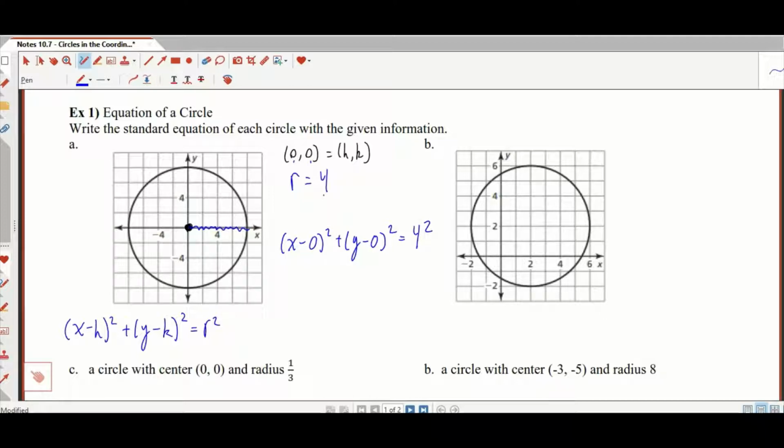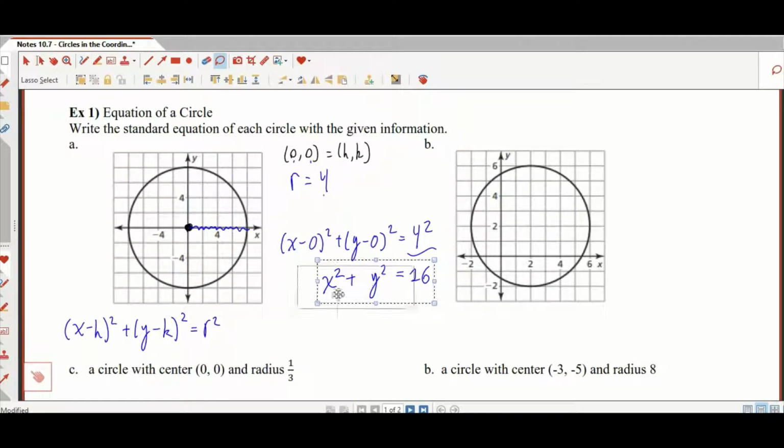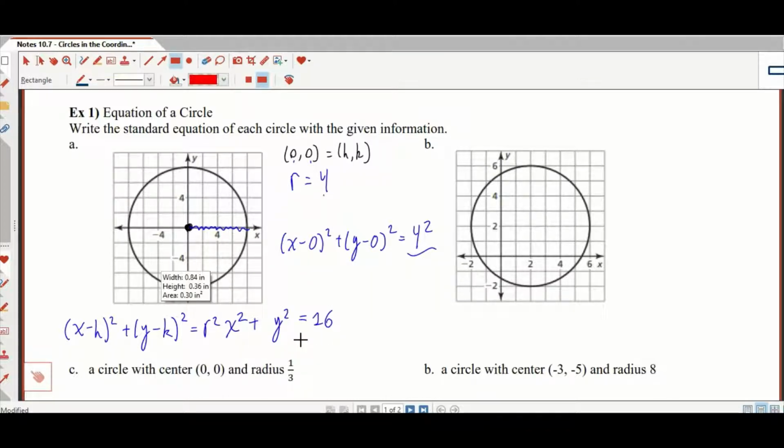And we do want to simplify that. 4 squared is 16. y minus 0 is y, and y squared is y squared. x minus 0 is x, and x squared is x squared. So the equation for this circle is x² + y² = 16. And that's all there is to it.